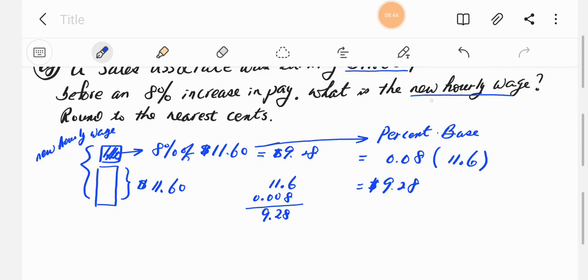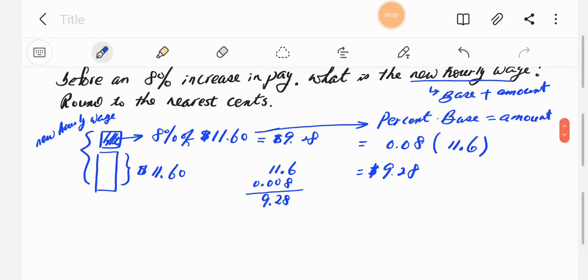Sum of these two. So this is the base plus the amount, the increased amount, isn't it? The increased amount. So let's say this is the amount. Okay. So the new hourly wage is, let me write it. The new hourly wage is the sum of the amount, the increased amount, which is $9.28, plus the base.